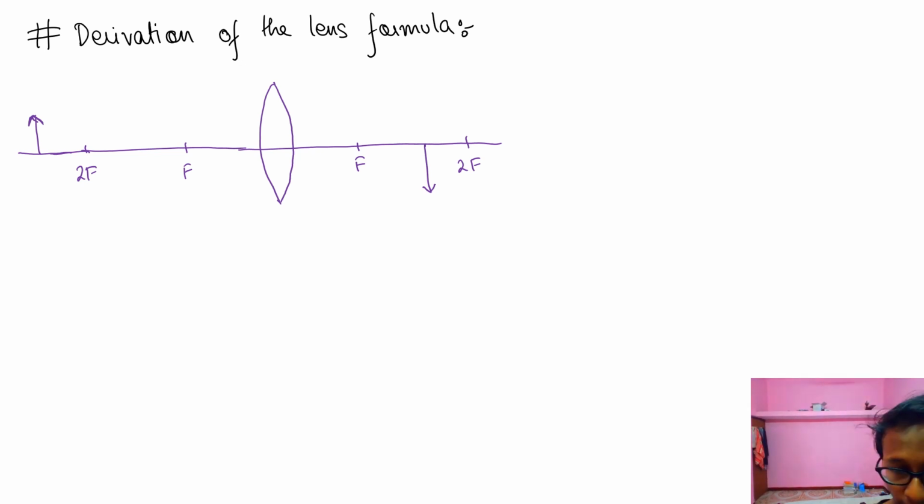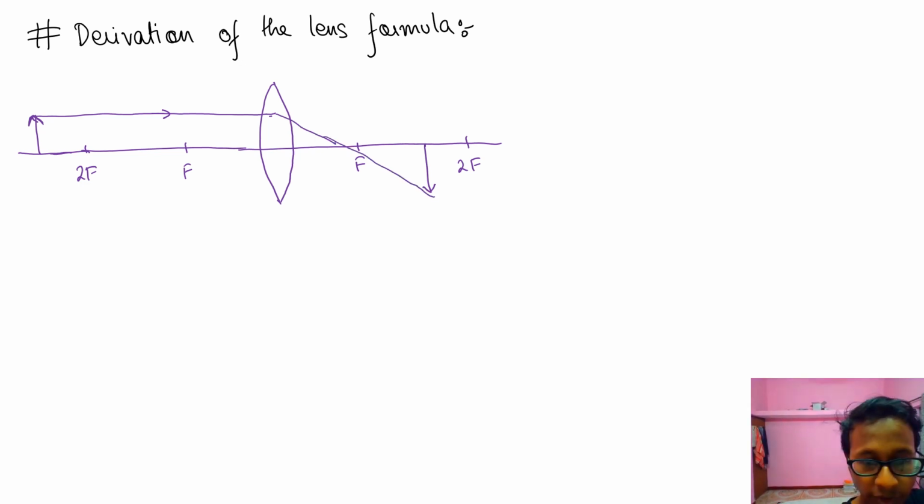Now what we do is we take two rays. The first ray goes like this and passes through the focus out here. Imagine the focus to be out here.